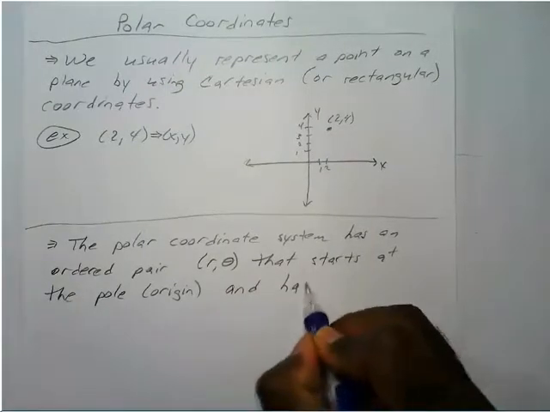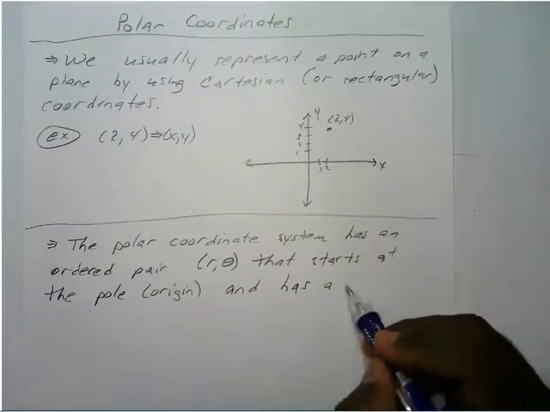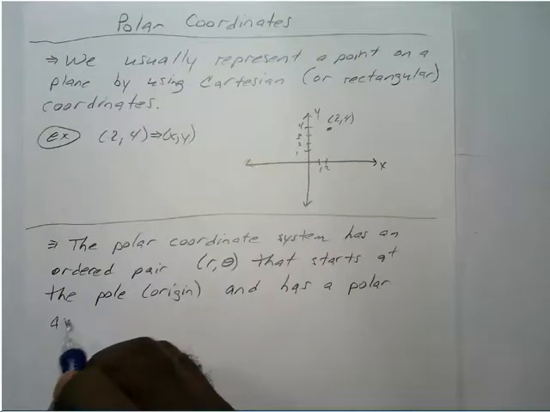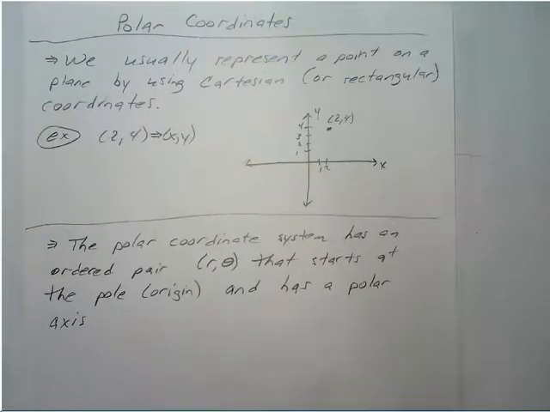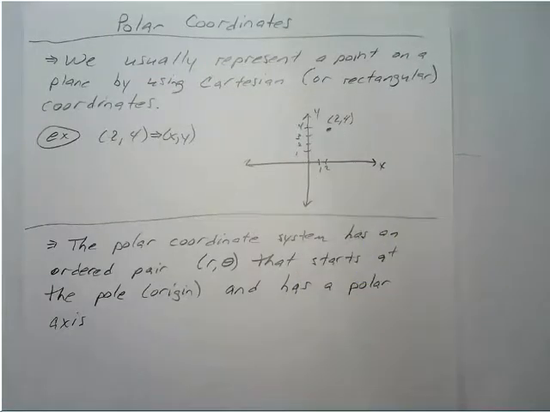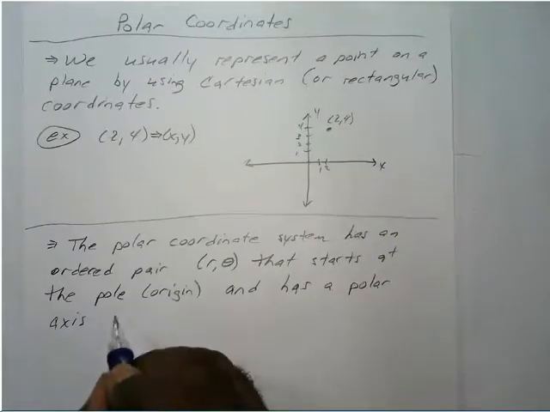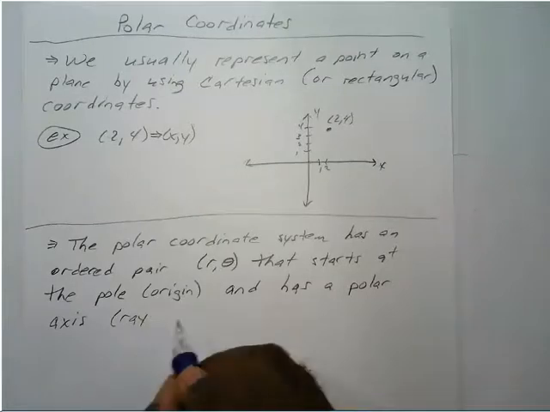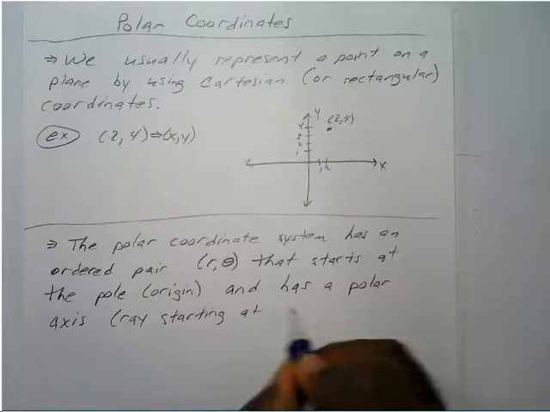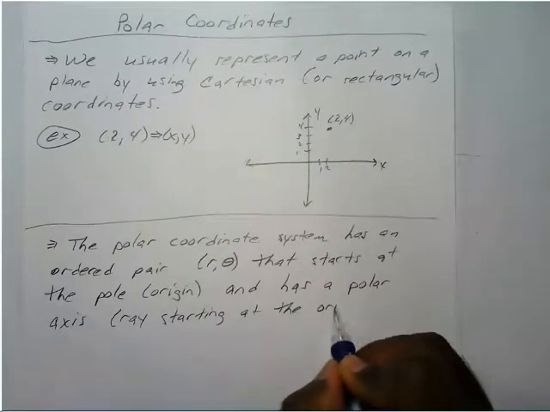And it has a polar axis, which is just a ray starting at the origin. So if you're at the origin and you're looking at your ray, basically it's your x-axis. So it's a ray starting at the origin.